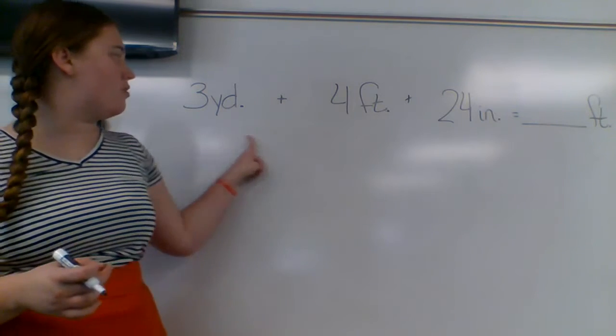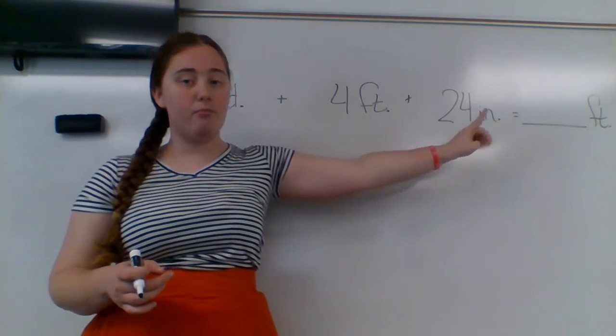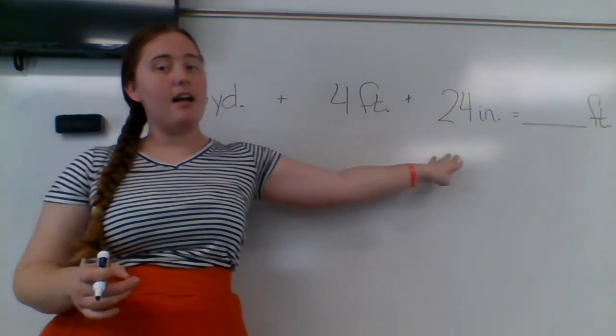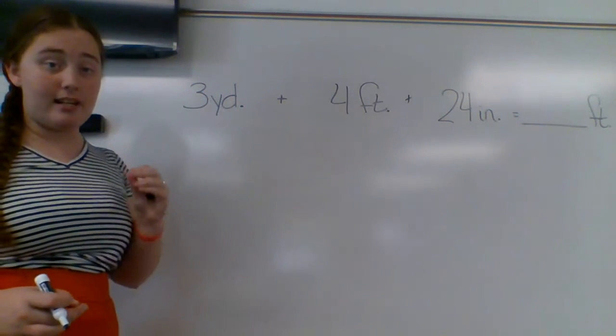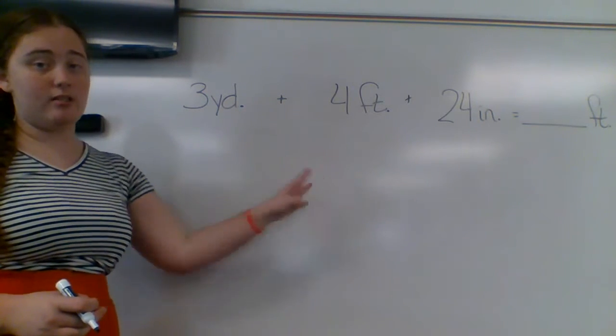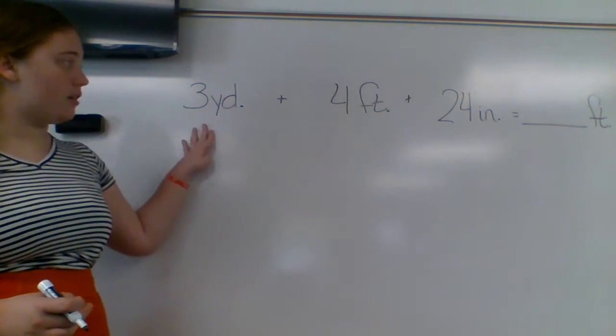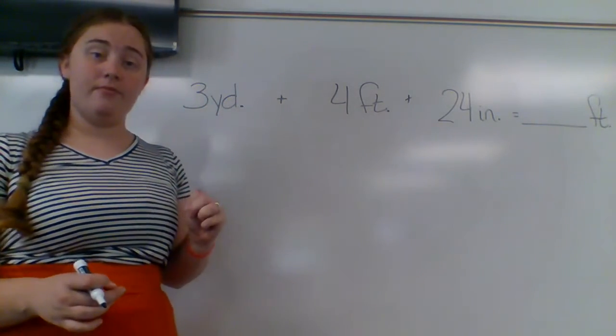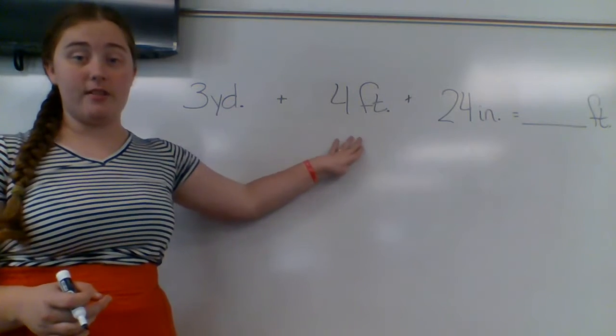So I want you to write the final equation, so rewrite equals blank feet, and then whichever one of these is already in feet, you need to rewrite. So which one do you need to rewrite? 3 yards, 4 feet, or 24 inches? Right, 4 feet is already in feet, so that needs to be rewritten.